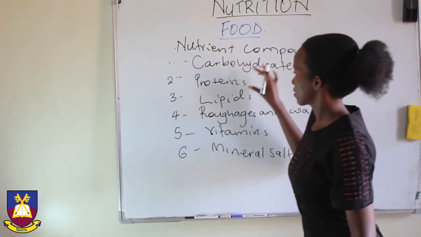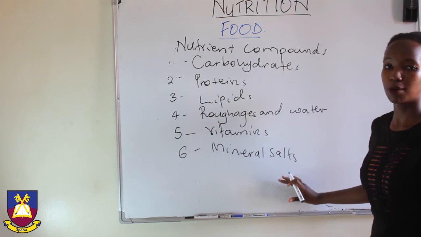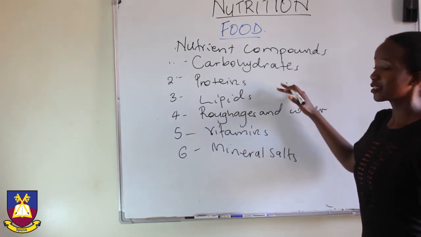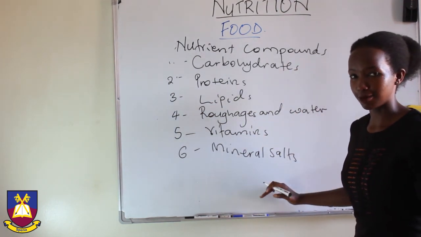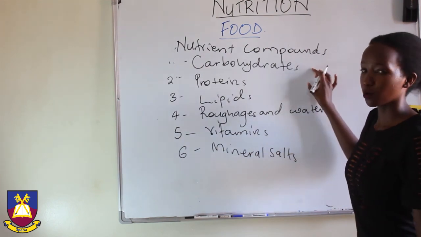So these are the 6 major nutrient compounds, and we're going to talk about each of them in detail, starting with carbohydrates.